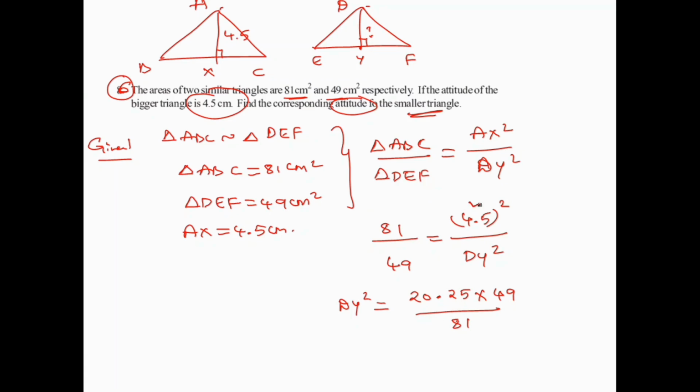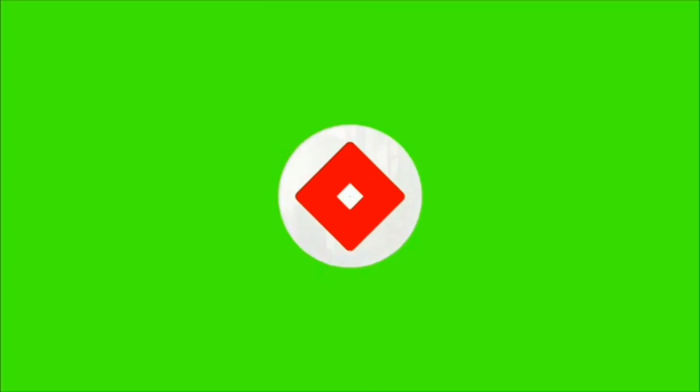Shifting the square to the other side, I can write 4.5 whole square as it is, and taking the root, all the squares inside go away. So now DY is left out as 4.5 into 7 by 9. Doing this multiplication and dividing the result, we get 3.5 as the answer. Hope this is also clear to everyone.